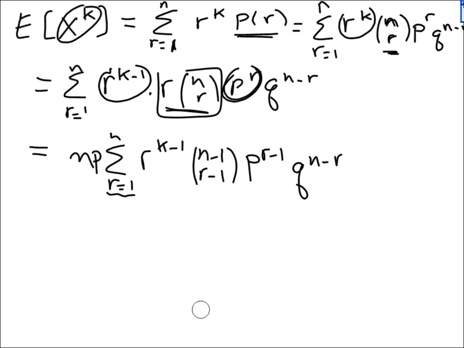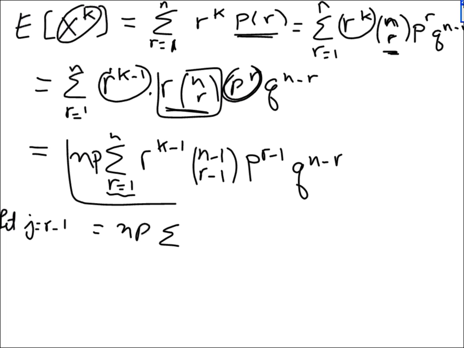All right. Now, what we want to do here is make a substitution. We want to let j be r minus 1. So I have the np, and I'm basically copying this down now. I have np times the summation.